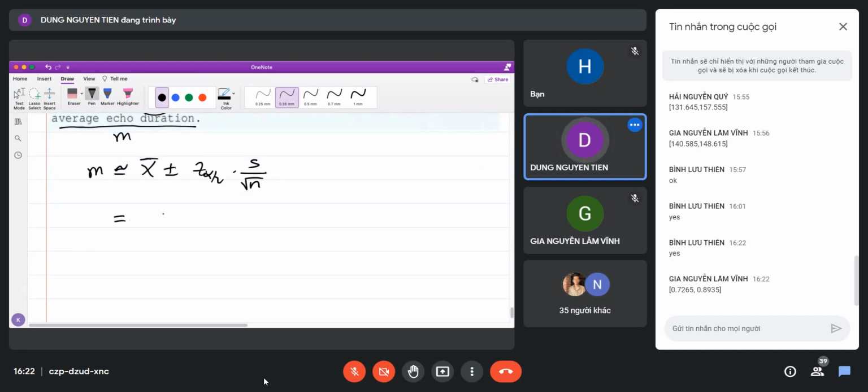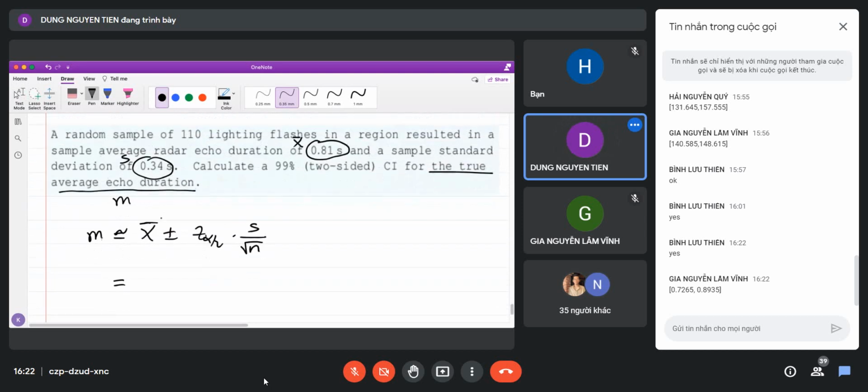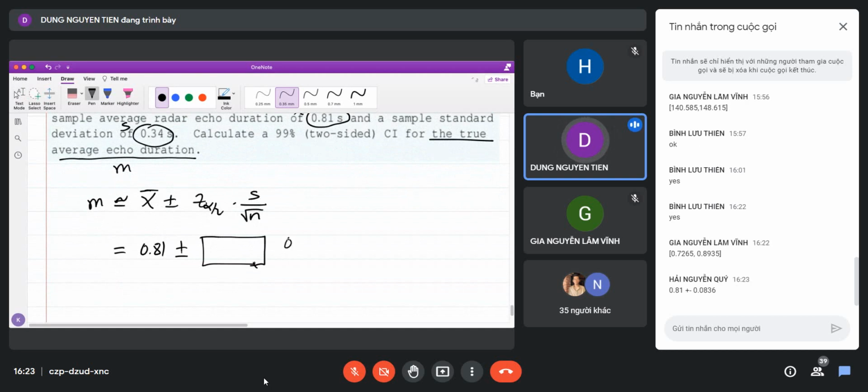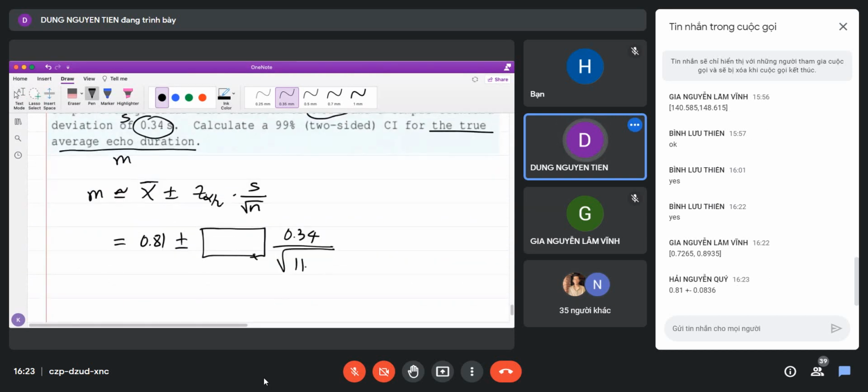And x bar is 0.81, plus or minus z alpha over 2 times s, which is 0.34, over the square root of n, and in this case n is 110.